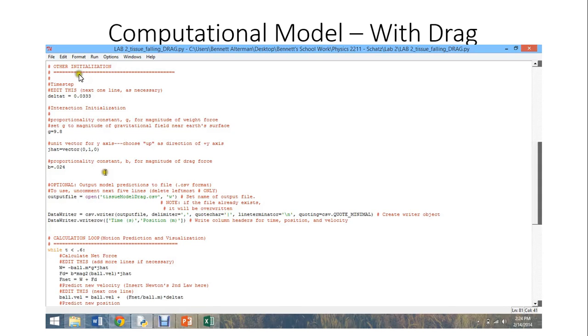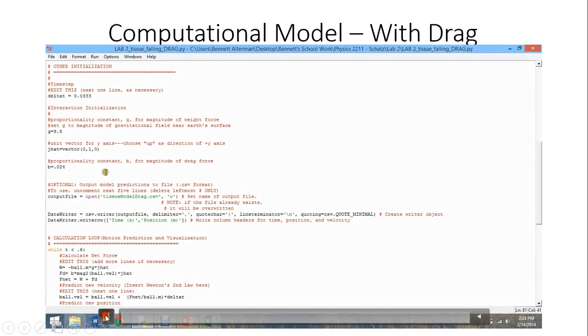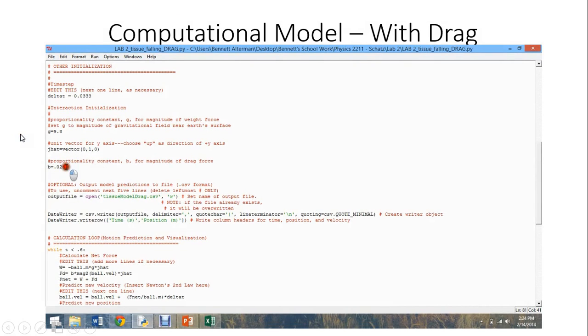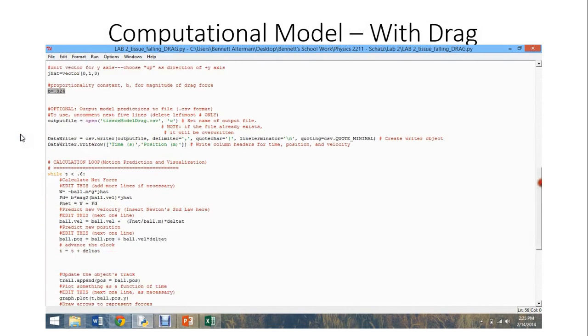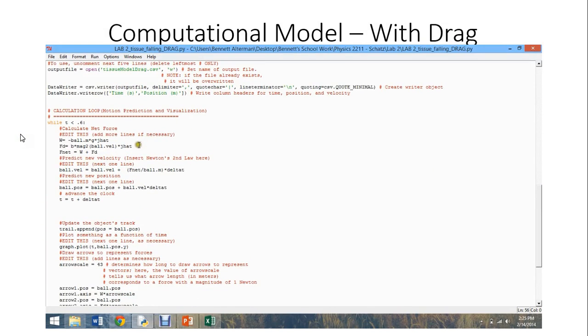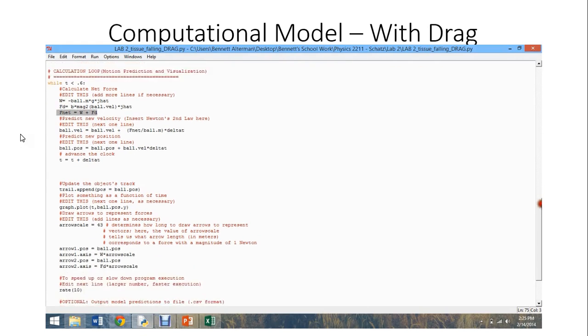Here we have a computational model that takes drag into account. In this case, we've inserted our proportionality constant b for drag force of 0.024. We've also edited our force equation to be the b constant times the magnitude squared of the ball's velocity times, again, our j hat direction.